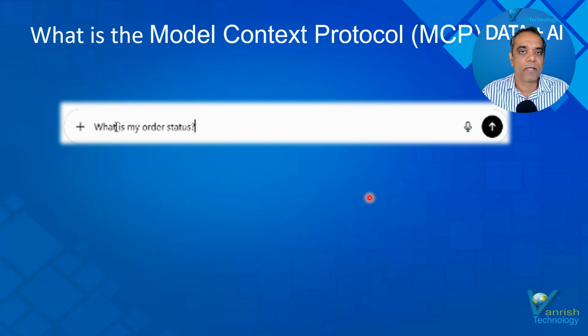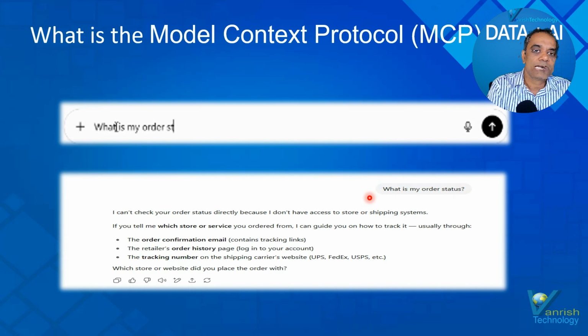The next step is that it immediately asks for more context: what website are you talking about, where do I need to get this order, so that I can give the order status.